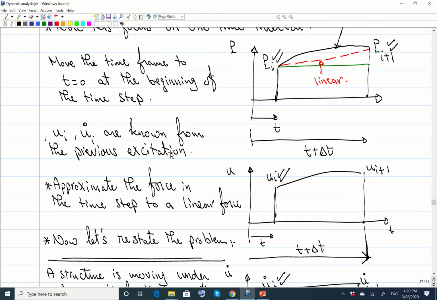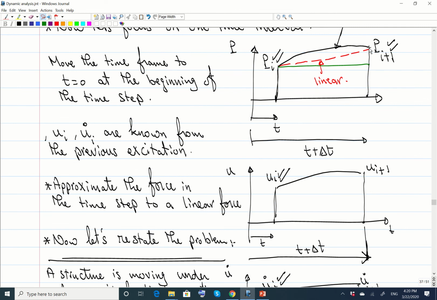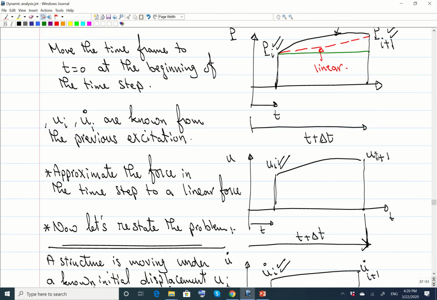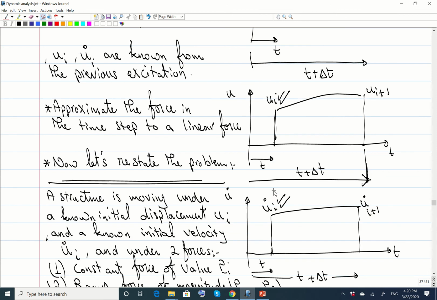So to find the displacement at the end, we can find u_i plus 1 only if we know u_i and u_i dot. I need to know the displacement and the velocity at the start of a step, to be able to find the displacement and the velocity at the end of that step.